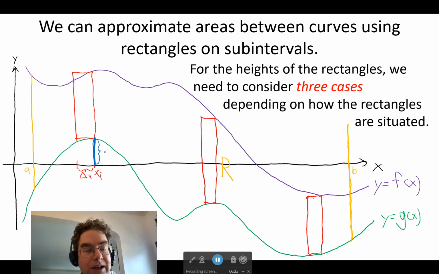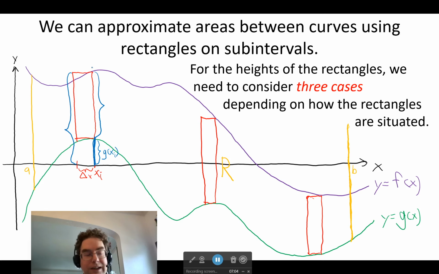And as you know, the y coordinate on the graph of a function, where the independent variable is x, that is just the value of the function there. Okay, so we have g of xi to get up to where our rectangle starts. And then, let me put over here, to get to the top of our rectangle.